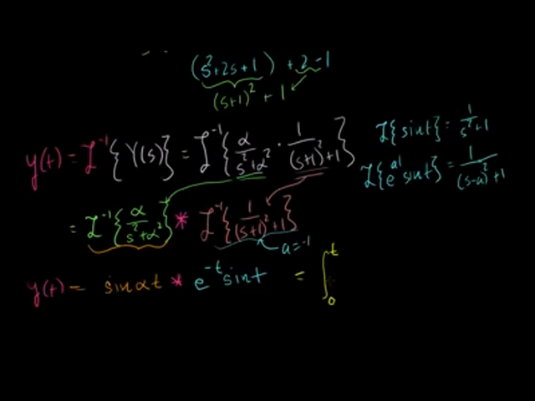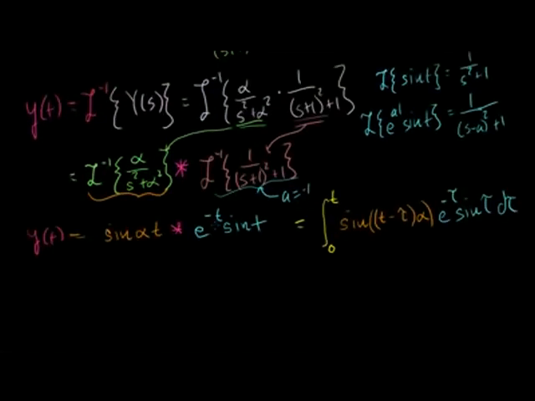So I could write this as sine of alpha times (t minus tau), I'm taking the sine of all of those things, times e to the minus tau sine of tau d tau. That's one way that if I wanted to express the solution of this differential equation as an integral, I could write it like that. And it should be kind of obvious to you that this could go either way.